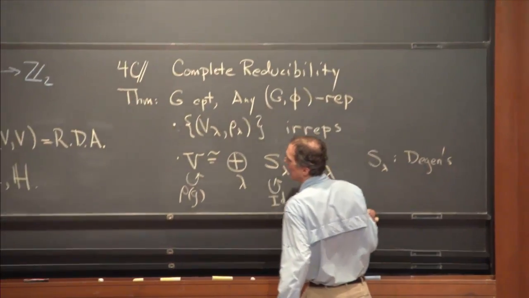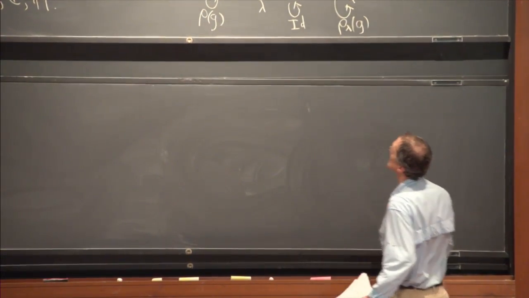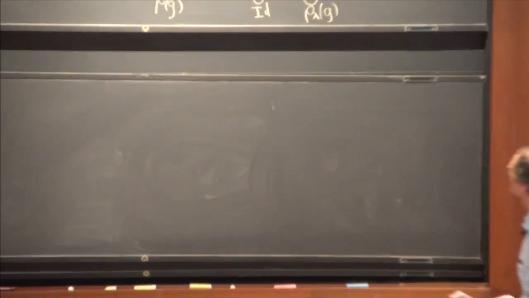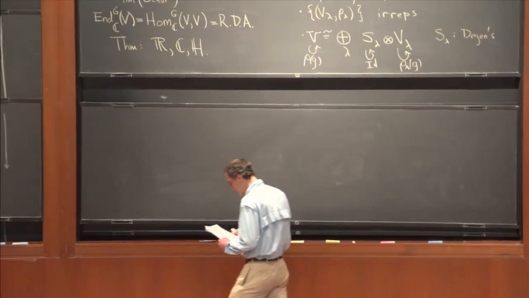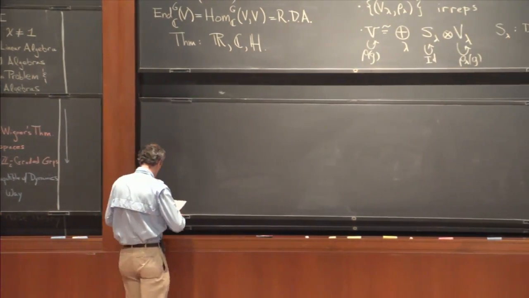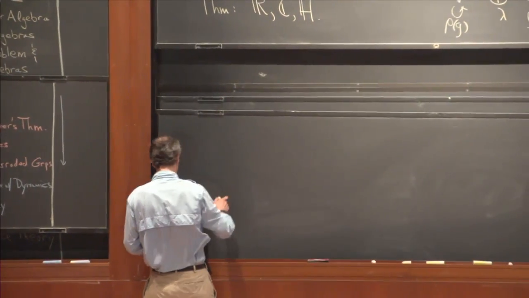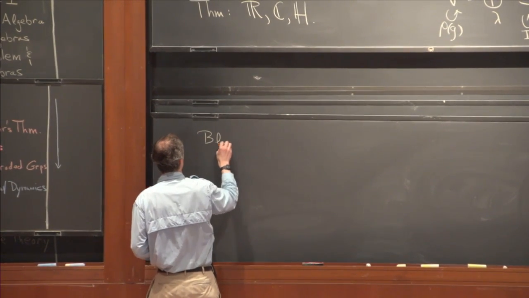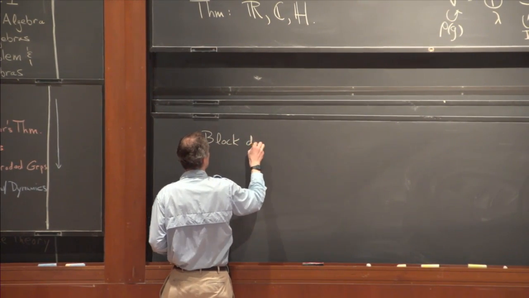Now, some people have a little trouble when I say things this way. They don't know what these funny circles with pluses and crosses mean. So let me just remark that this is just another way of saying that we have block diagonalization.